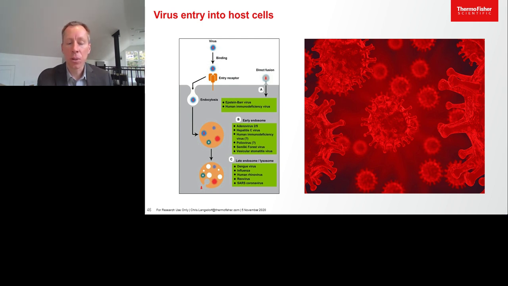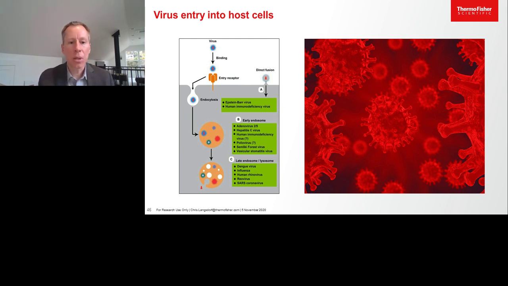Sometimes this can be through direct fusion with the host cell membrane, or through binding to a cell surface receptor followed by endocytosis. And various viruses will be released from this endocytic pathway at different stages, so either in the early endosome or late endosome or lysosome, depending on the specific biology of a given virus.